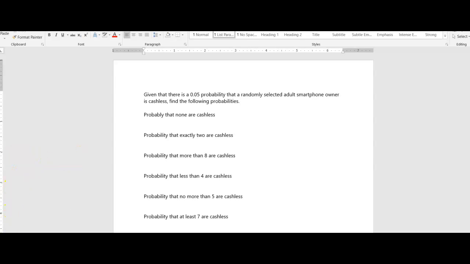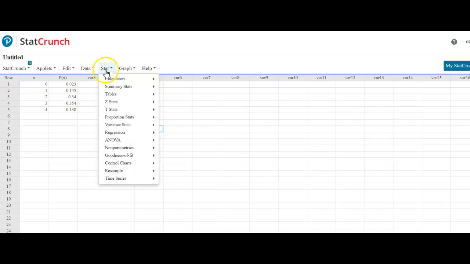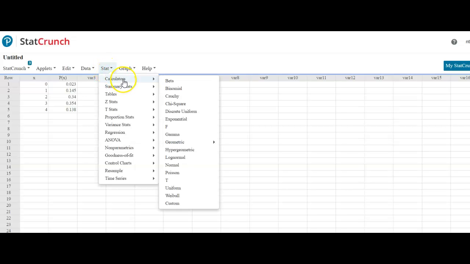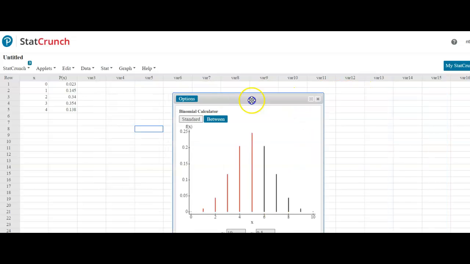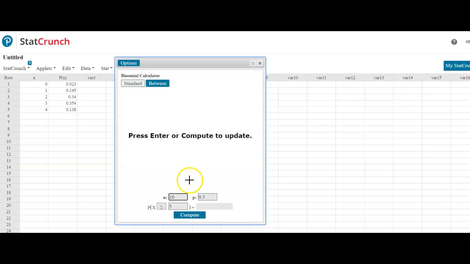Let's go to Statcrunch. In Statcrunch, I'm going to go to Stat, Calculator, and then Binomial. So this is my binomial distribution calculator. At the bottom, I'm going to put in my number of trials, which in this case is 10, my probability of success, which is 0.05, and then I can start looking at different probabilities.